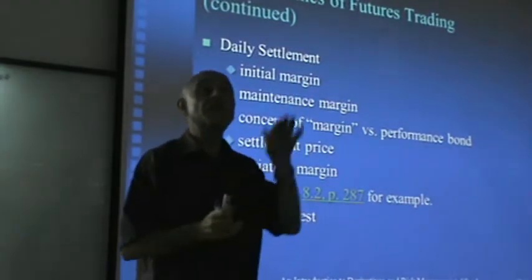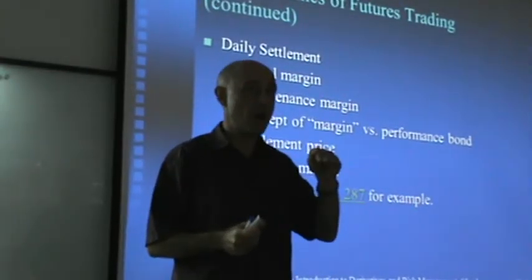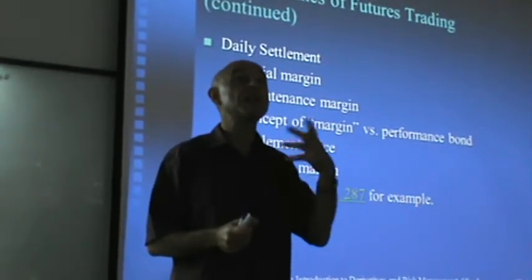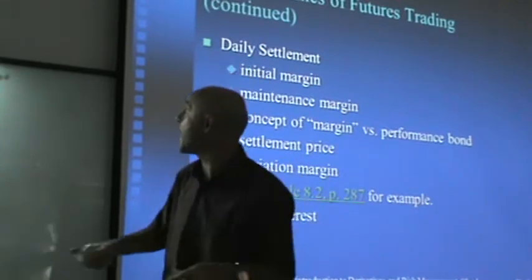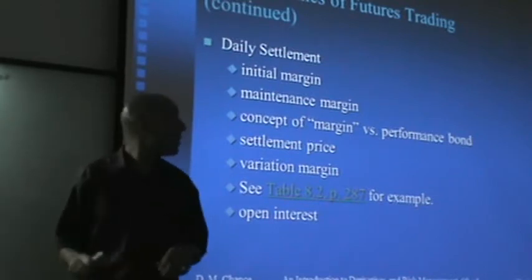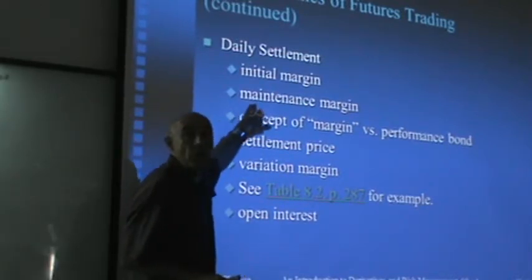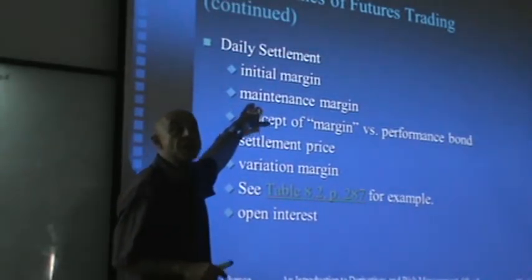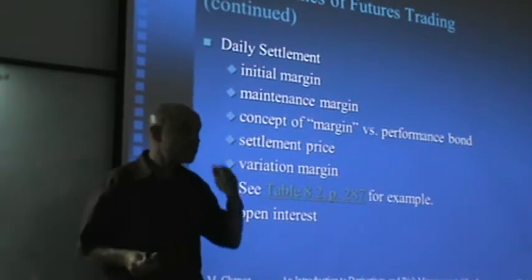Means if you fall below the 3,000 margin, you gotta give money again, and you gotta raise it up to the initial, okay? So, if you fall below the maintenance margin, you gotta pay money.